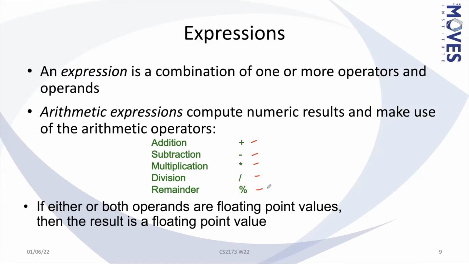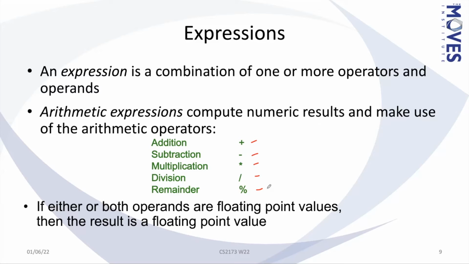Okay, but here's the thing to understand about these expressions. If you have floating point values and you combine them with an operator with, say, integers, then the result is a floating point value.